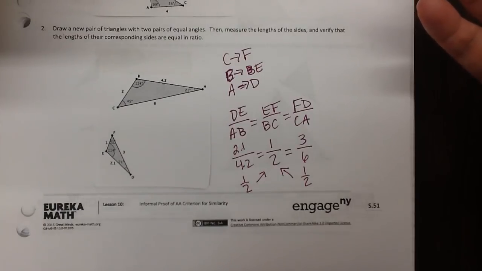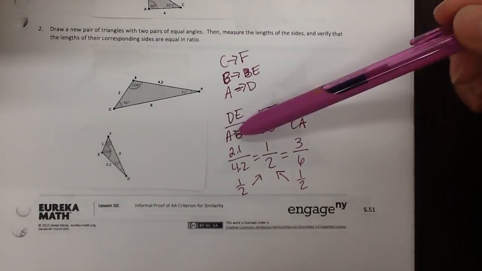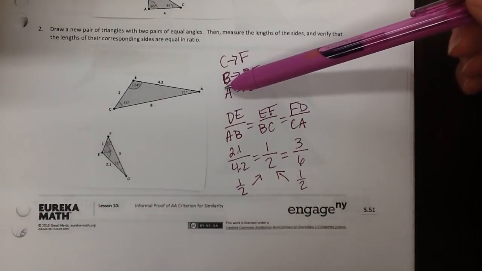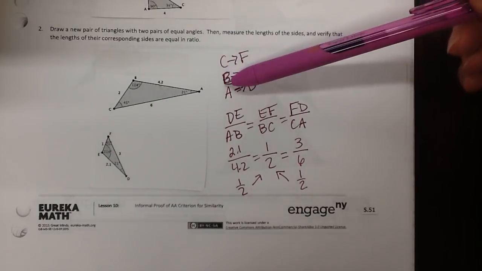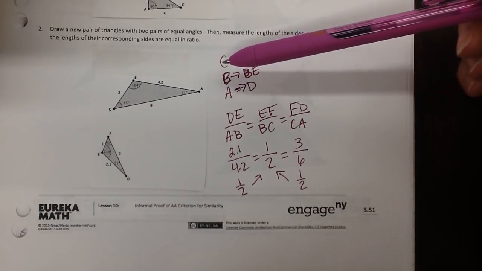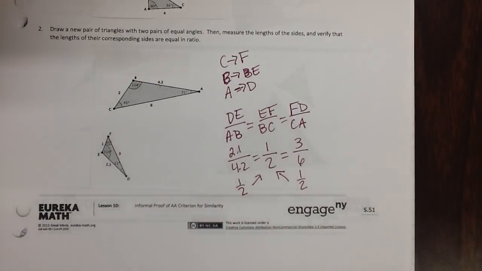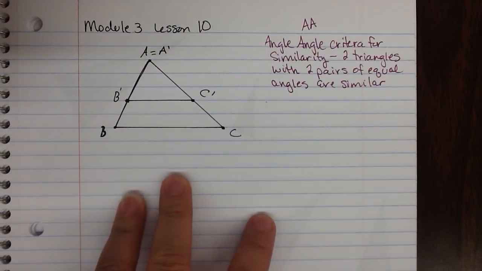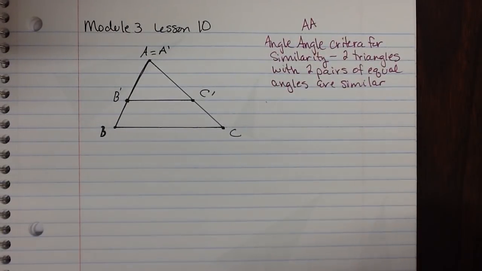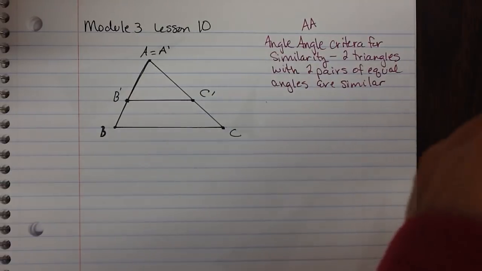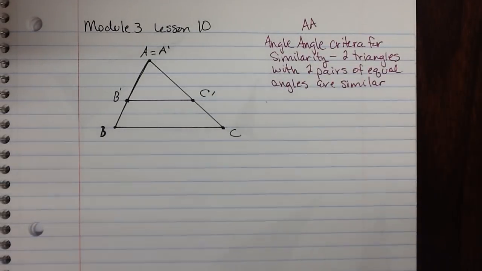So what we need to do now is informally prove why this is happening, even though these two triangles were different, with different angles and different measures. So we're going to begin with a special case, and I'm going to go back to this triangle here, and I want you to draw this in on your paper. So go ahead and draw that in.